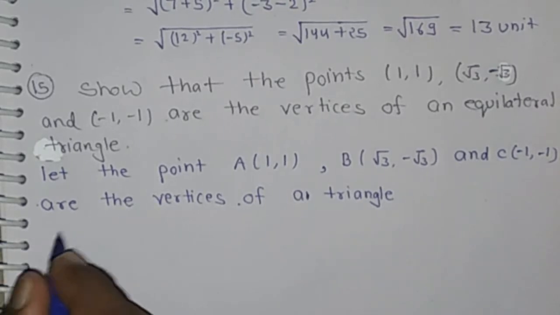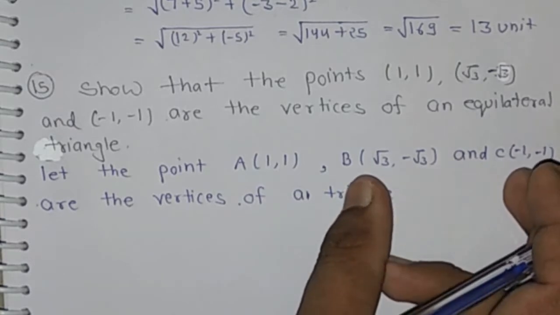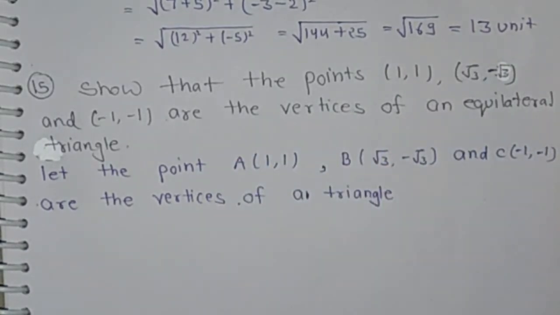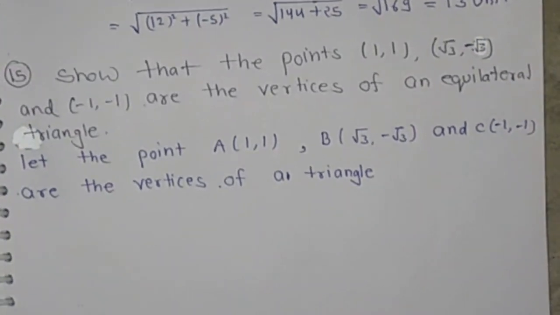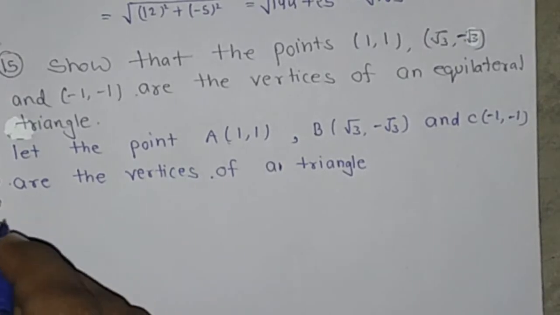Firstly we find the distance between points AB, then BC, after that AC, and if all three sides are equal, then these points form an equilateral triangle.